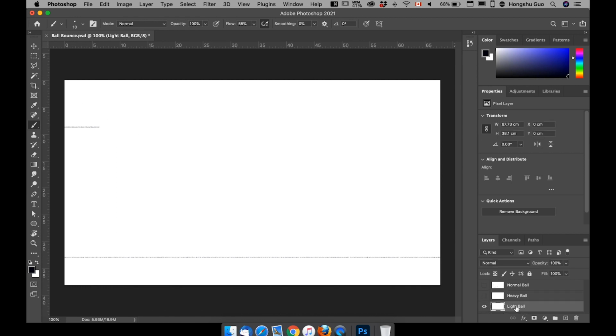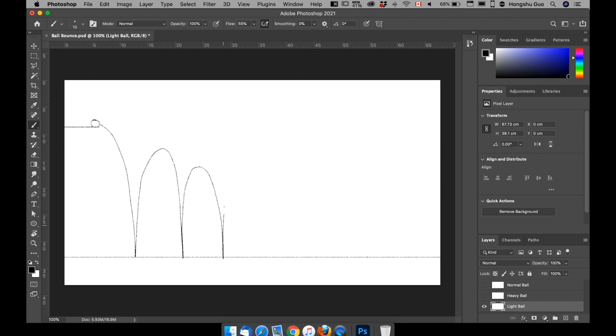And third, we have a light bouncy ball. Maybe a small bouncy ball. If this ball is bouncy, when it drops on the ground, it's going to bounce even higher.